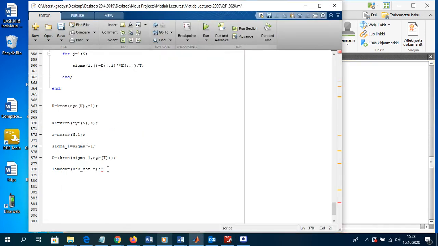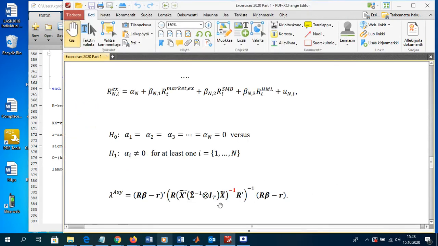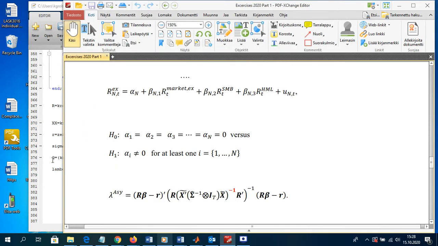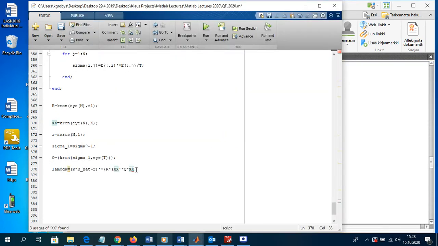Times R times this block matrix X Q transposed times this guy here in the middle that we have defined as Q, times X Q. This should be inverted.